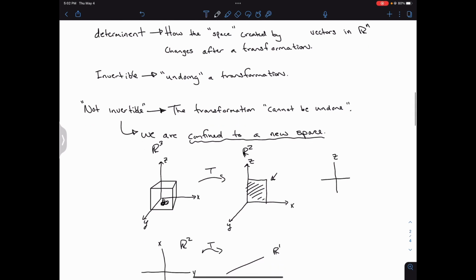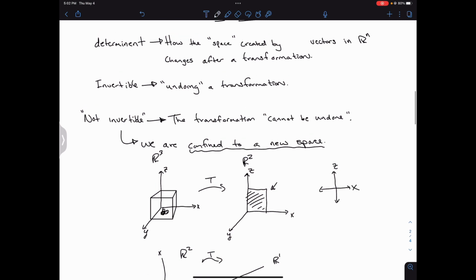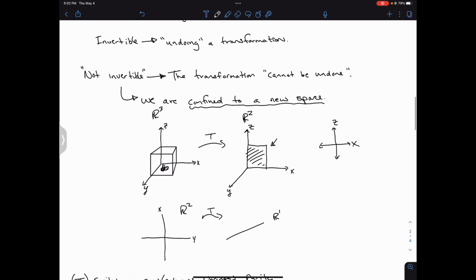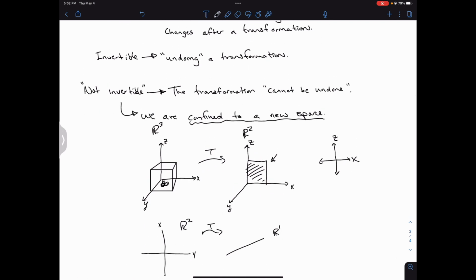So now everything in R3 originally has been compressed into the standard 2D ZX plane. So this transformation is not invertible. It cannot be undone because we are stuck in this new space. We cannot leave. We cannot simply add a y component and enter a higher dimension.